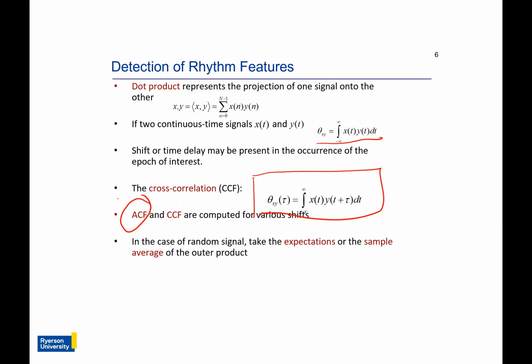One good example is that if somebody is being given CPR, then obviously your ECG signal is prone to go through a lot of dynamical variation. In such a dynamical and random case, we could always take the expectation operator, which replaces the sample average operator. The expectation operator is similar to the ensemble averaging that you have done in one of the previous labs, and the sample average, as you know, is similar to a moving average.